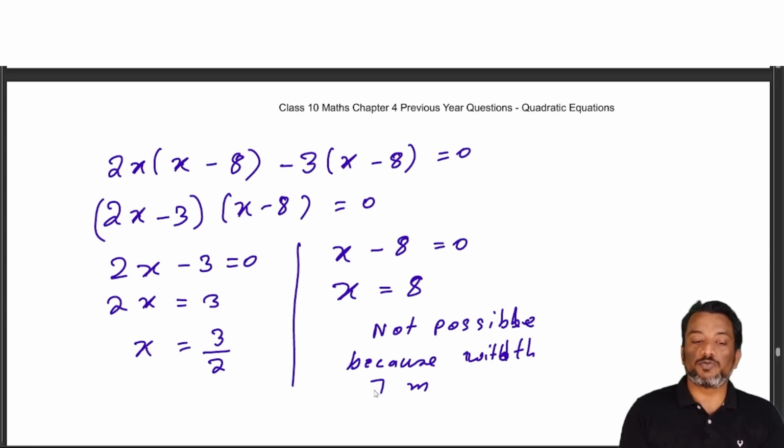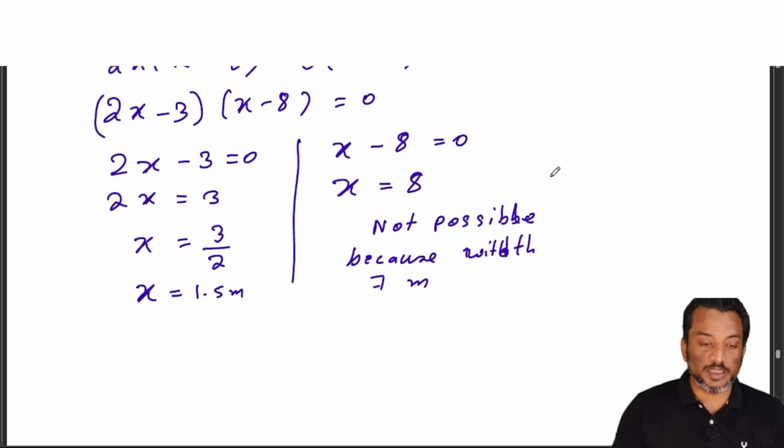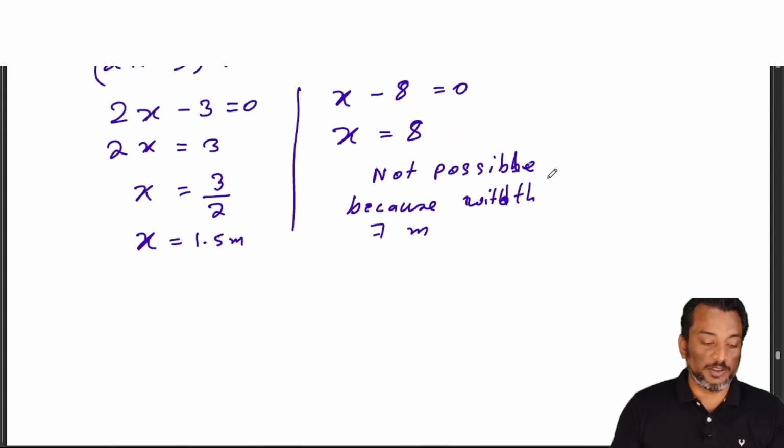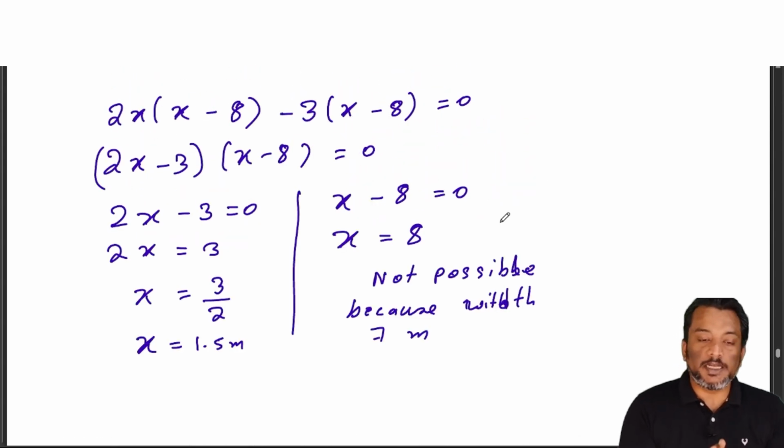So that's why we will take x is equal to 3/2 meter. Okay, now based on that, you will get an idea. Okay, so hope you understand all this question and everything.